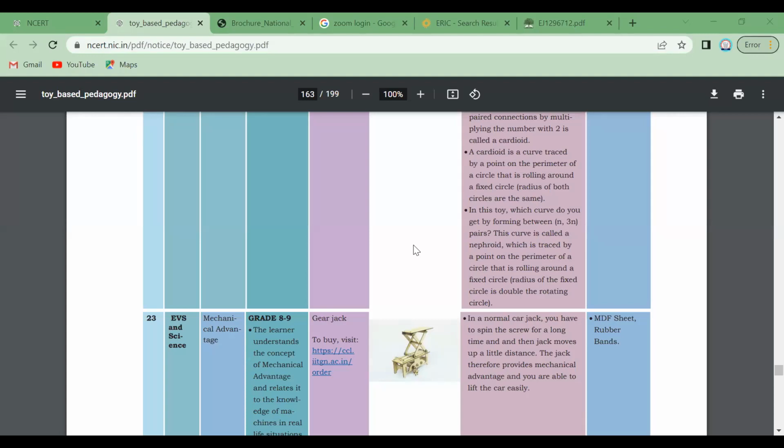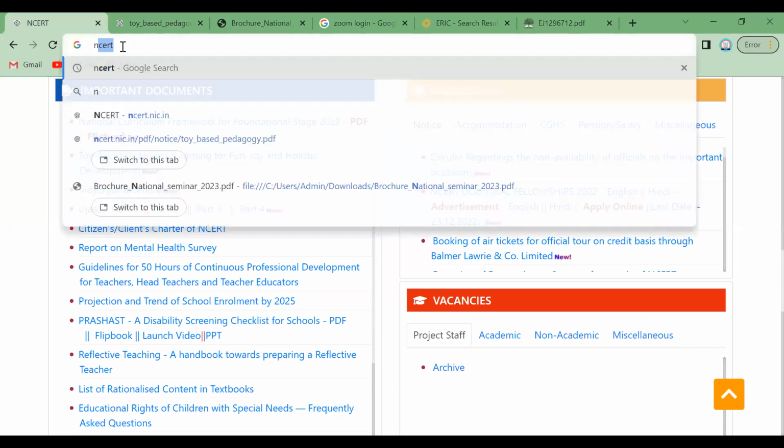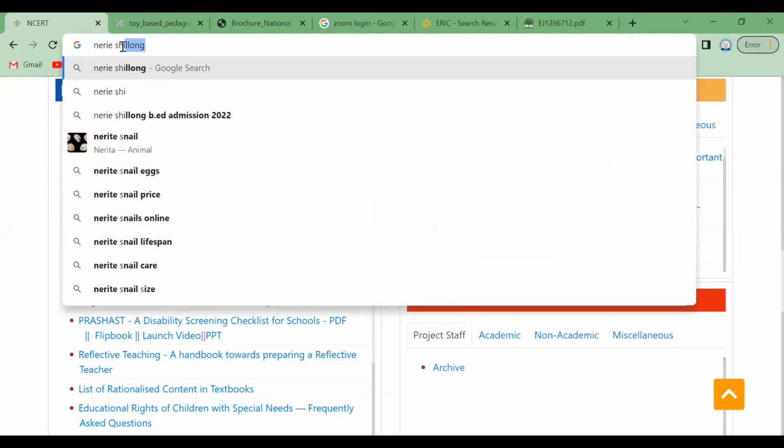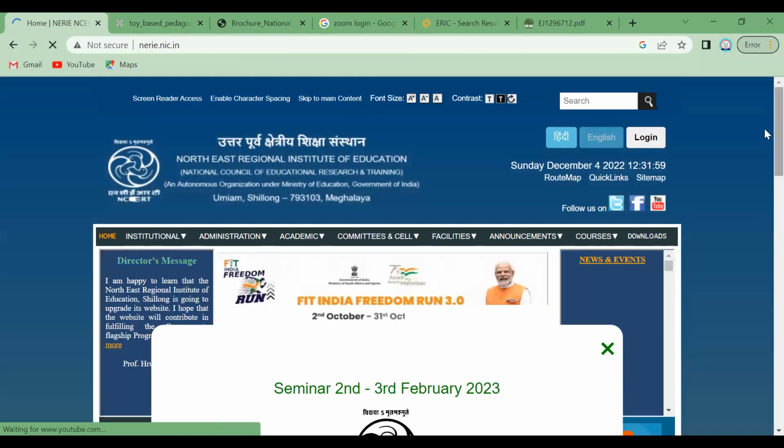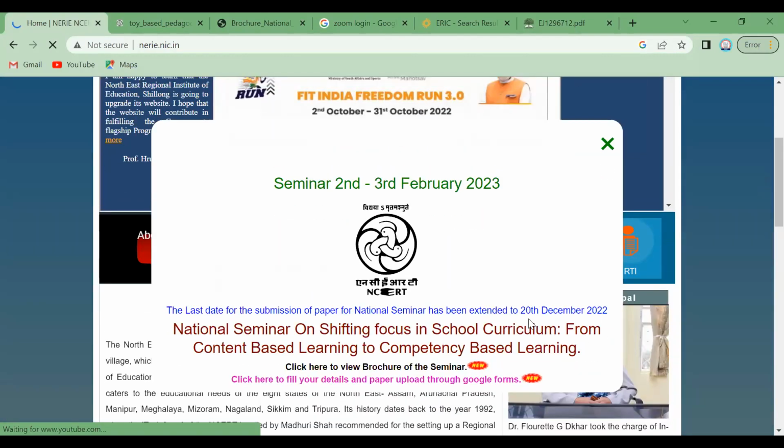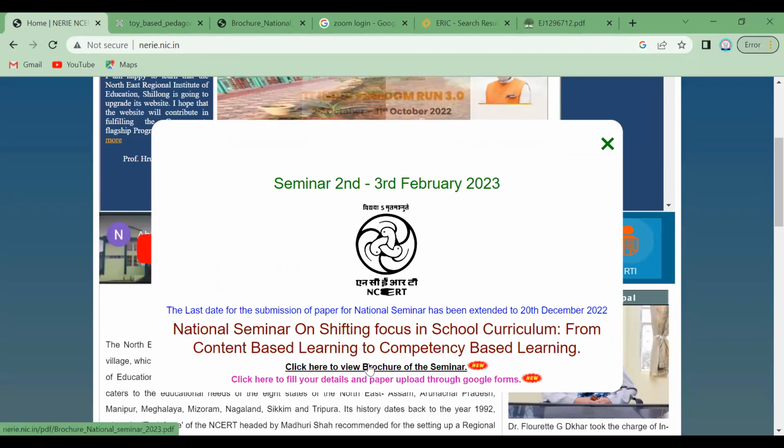Let me tell you how to submit your paper. Just type NERIE Shillong. This is the website page. You click here. Here itself, they have mentioned that the date has been extended to 20th December. When you click here, you can see the seminar brochure and you can upload using the Google Form link.